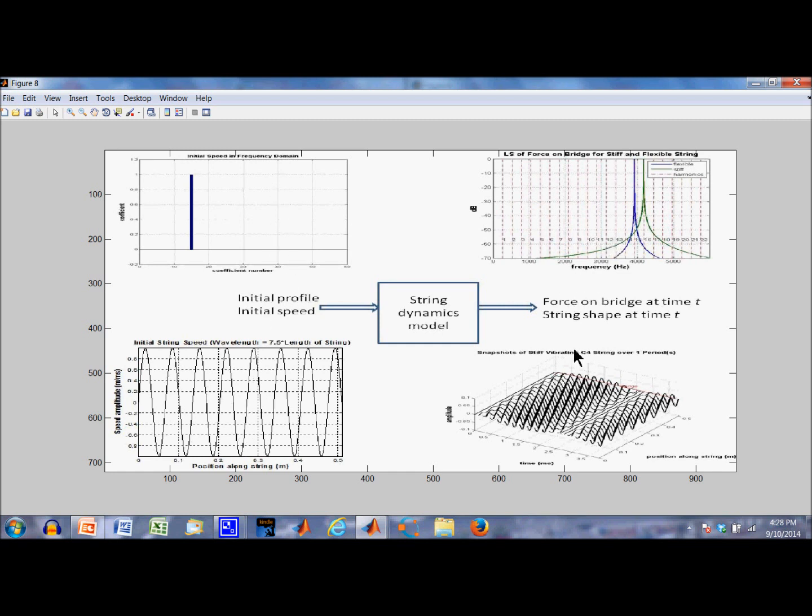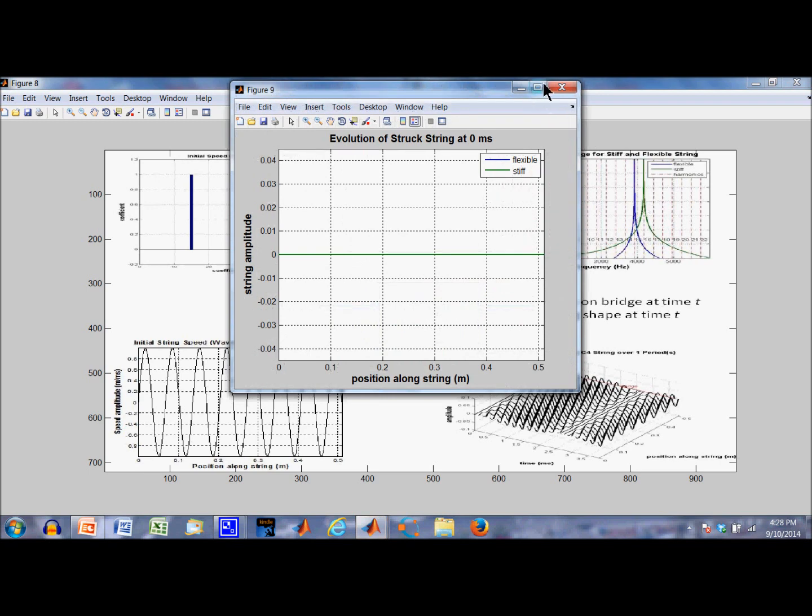And then you would have a wave shape associated with that initial speed versus time and position. And you could also have a line spectrum of the force on the bridge. Notice that there's one harmonic going in and there's one harmonic or partial coming out. One for the flexible string, one for the stiff string.